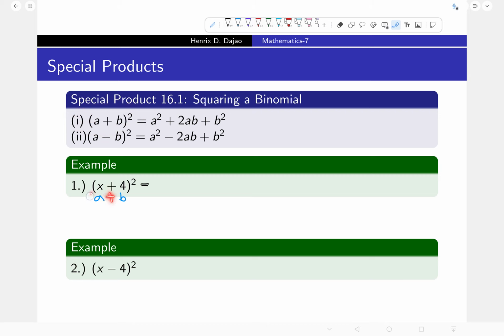This is plus, and this is the pattern, so just follow the pattern. According to 1i, a squared, where a here is x, plus 2ab. A is x and b is 4, plus b squared.